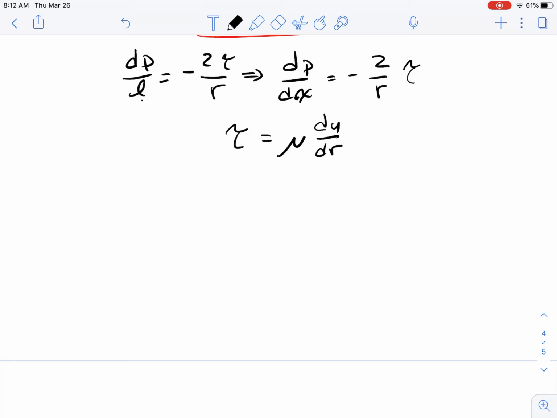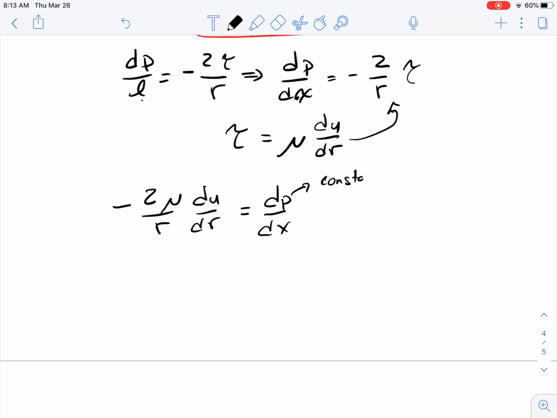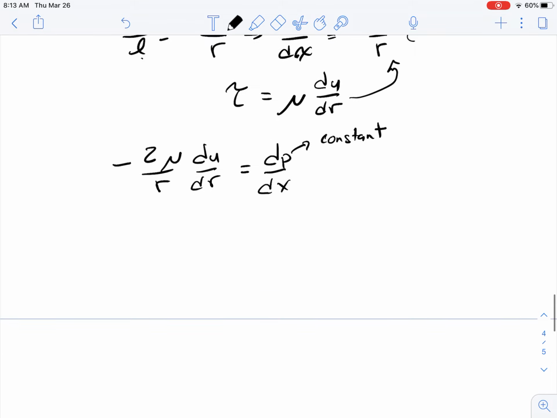So we can substitute this back up in here, and so we'll have minus 2 times mu over R times du/dr, and that's all going to be equal to dP/dx. And we'll remind ourselves again that the pressure gradient here is equal to a constant, and let's call this equation star.